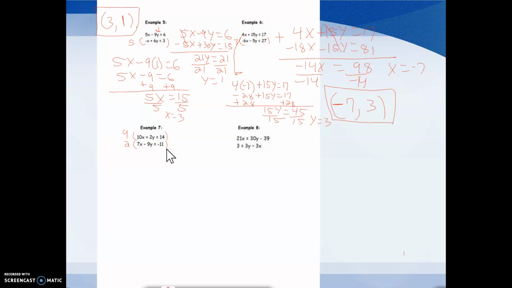So let's go ahead and multiply the top by 9, so you're going to get 90x plus 18y. Okay, 9 times 14, you bust those calculators out, guys, is 126. All right, now I'm going to multiply the bottom by 2.